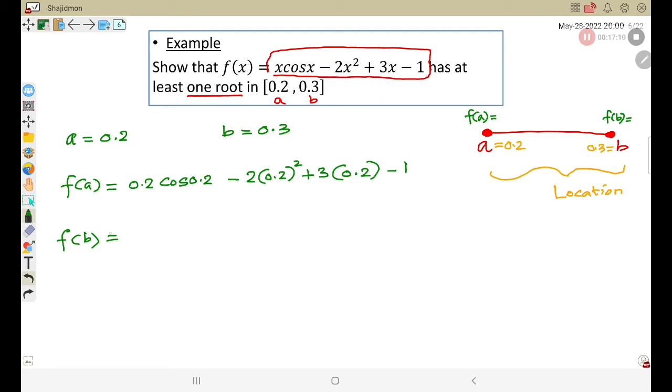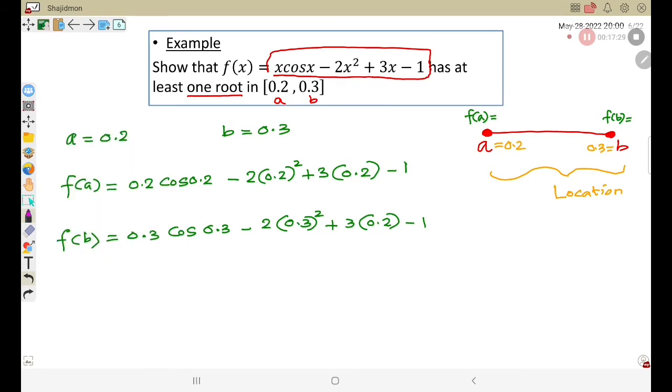And in the same way, substitute the b number: 0.3 multiply cosine 0.3 minus 2 times 0.3 power 2 plus 3 multiply 0.3 minus 1. Now you can check your answer with a calculator.